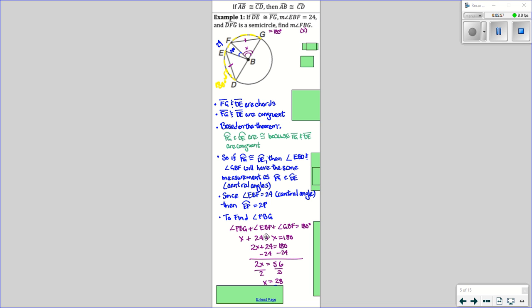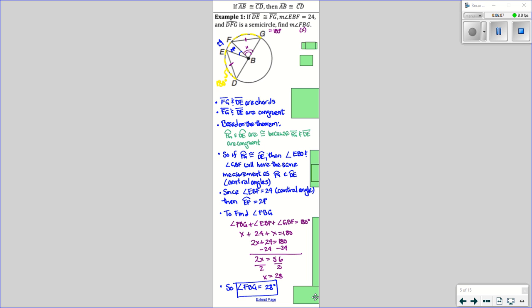So x plus 24 plus x equals 180, and then I solve, and I found x equals 28. So that means that angle FBG is going to equal 28. Because the arc is 28, then that central angle, which is right here, is also going to be 28.